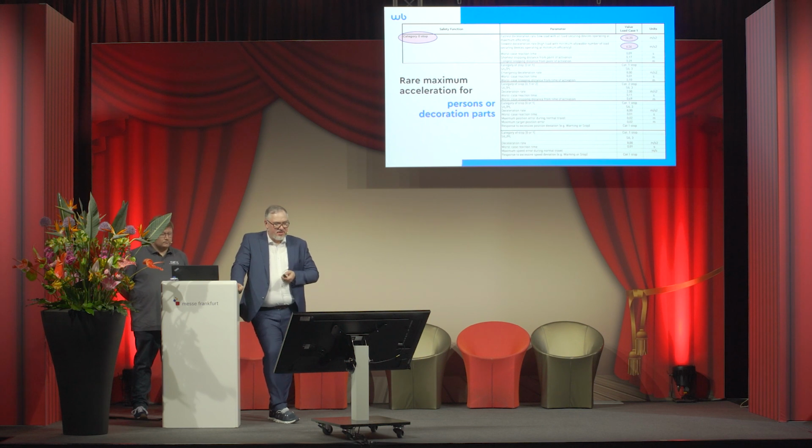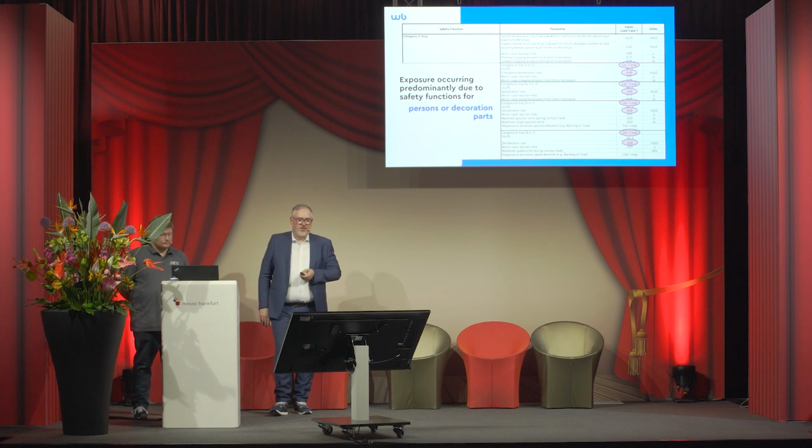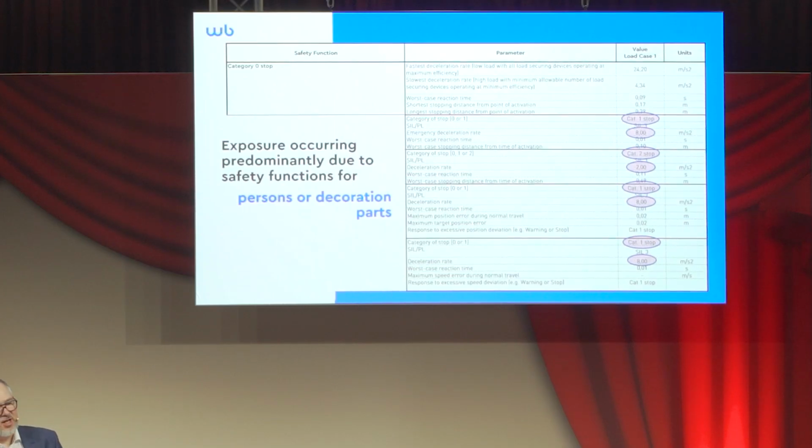So there is one thing: this is the worst-case deceleration that rarely happens to the persons or decoration parts. But on the other hand, you can get a very good overview for this machine of what the predominant effect of a safety function is for the decoration or person.